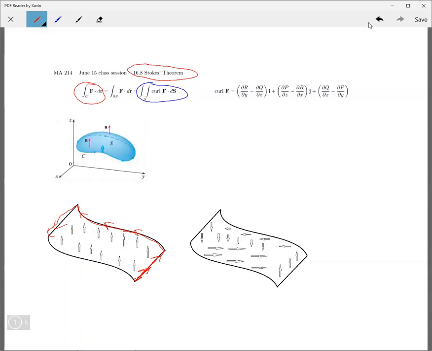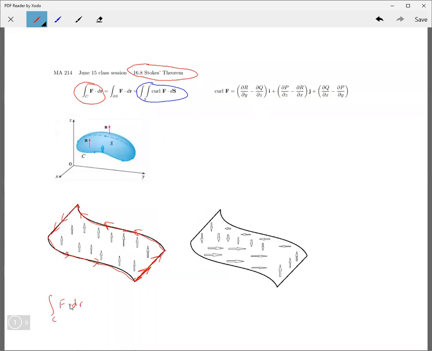Let me see if I can draw that better. You're only going around like that. So that's what this part is right there: the integral over C of F dot dr.